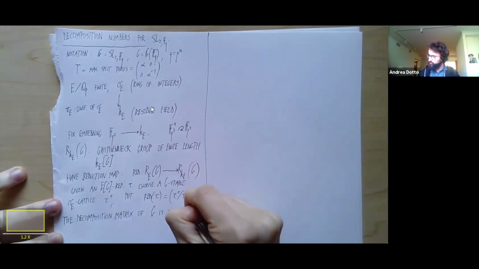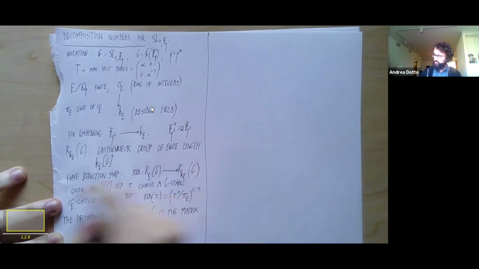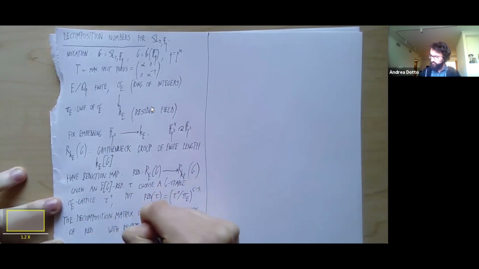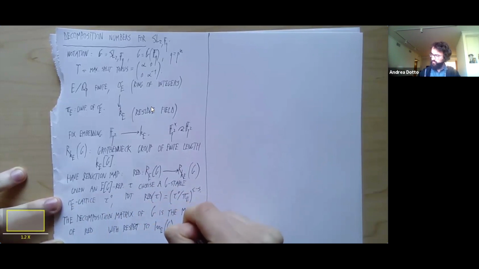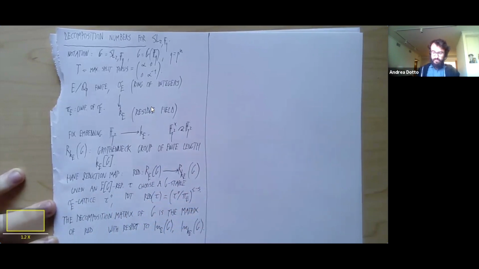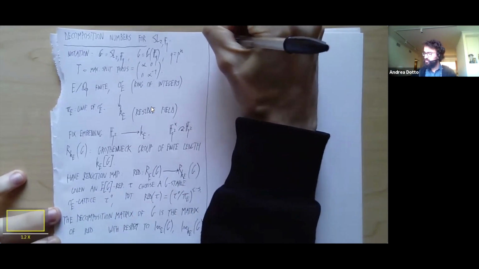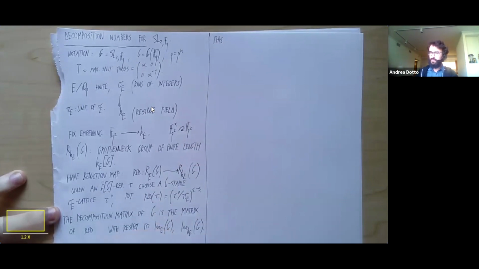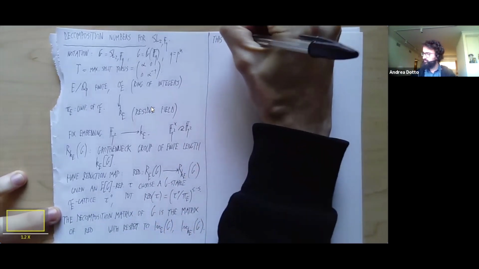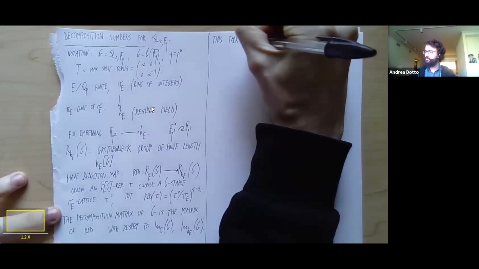So this is my matrix of red with respect to the sets of irreducible representations, Irr_E(G) and Irr_{k_E}(G). There are two things that I want to do in this talk. The first one is to prove multiplicity one for this decomposition matrix. This talk does two things.